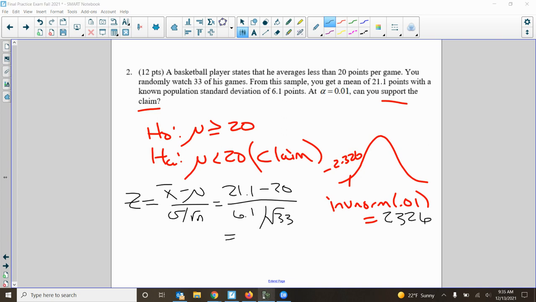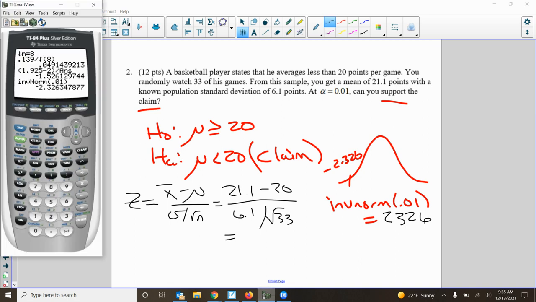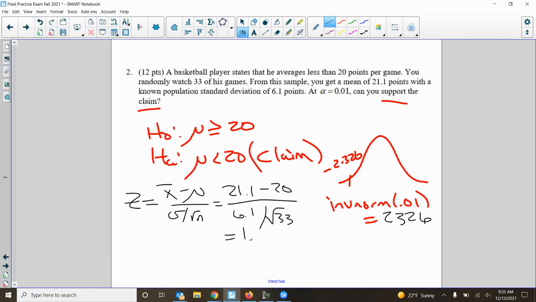Let's calculate that value. My denominator is going to be 1.06, and I'll take 21.1 minus 20, which is 1.1, divided by that mess. That gets me a z value of 1.04, which is way over here.